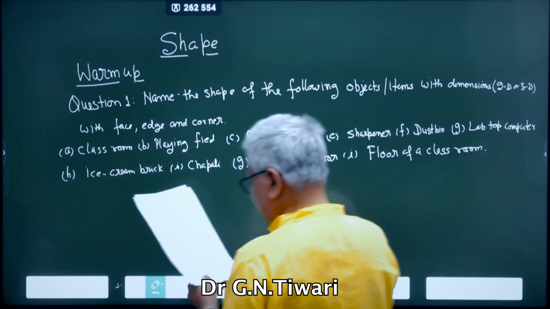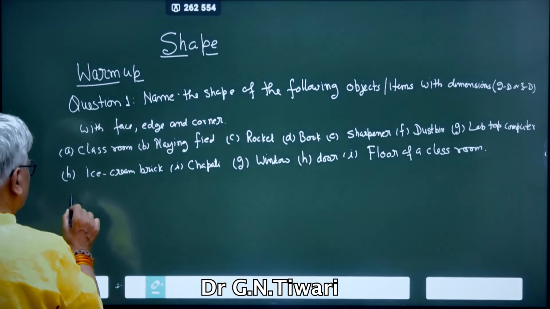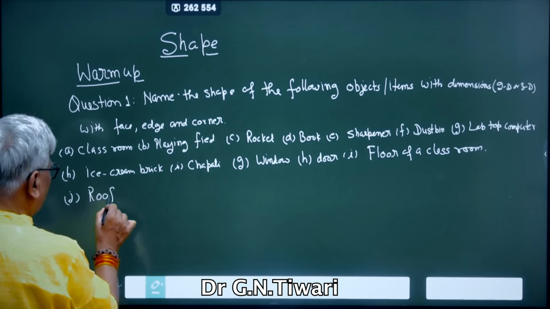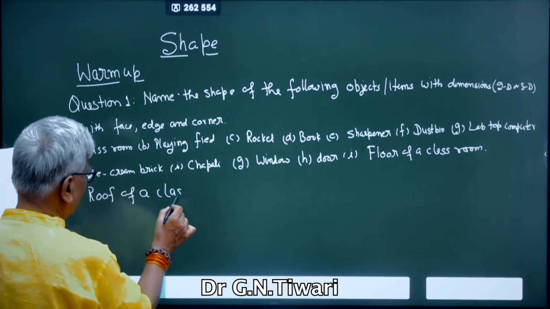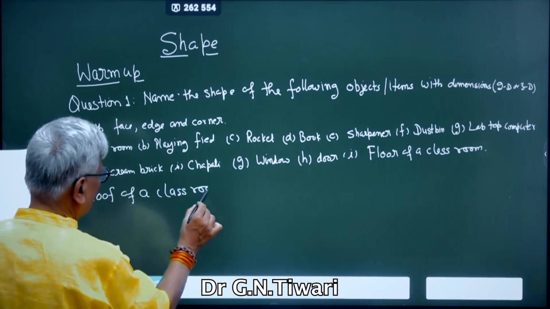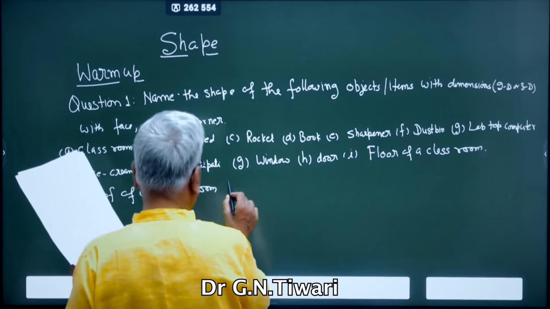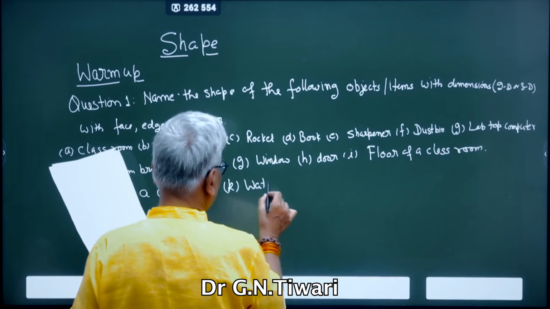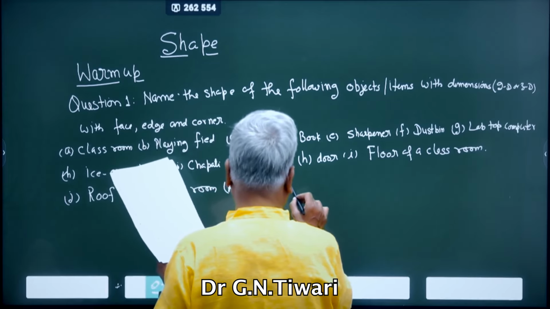I am giving the examples. J. Roof of a classroom. Watch. Chessboard.